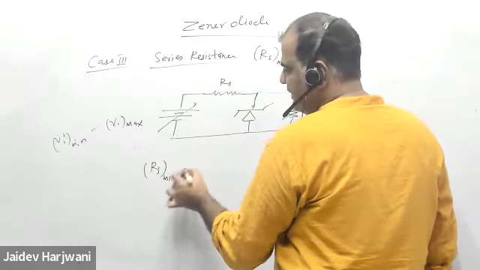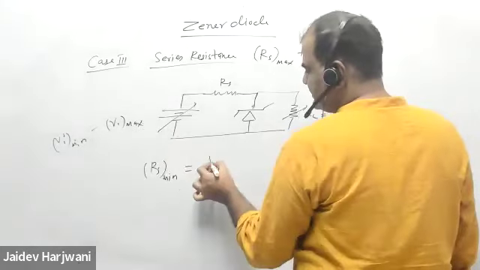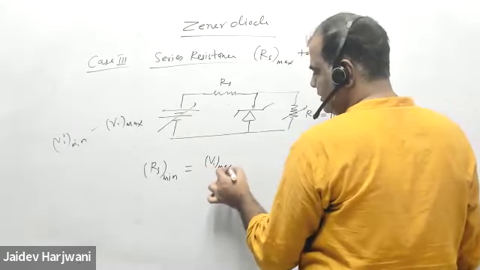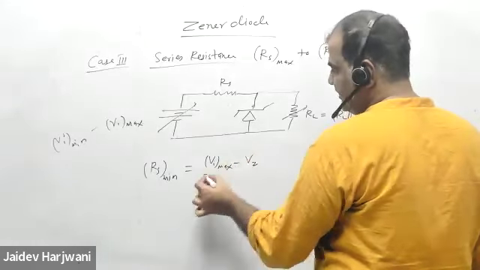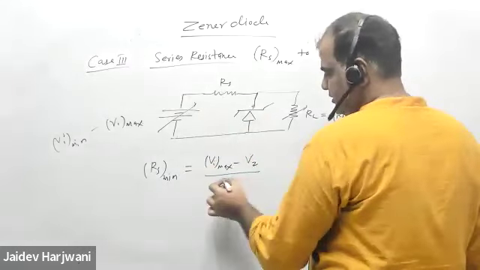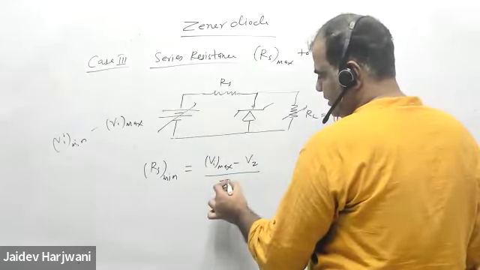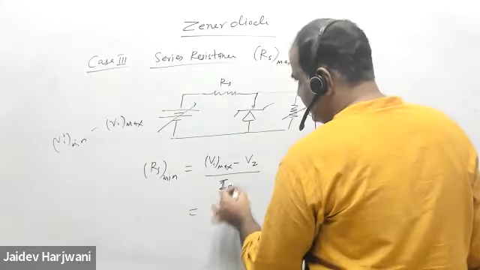So RS minimum will be what? VI max minus VZ upon I. And I is what? I is this IR.